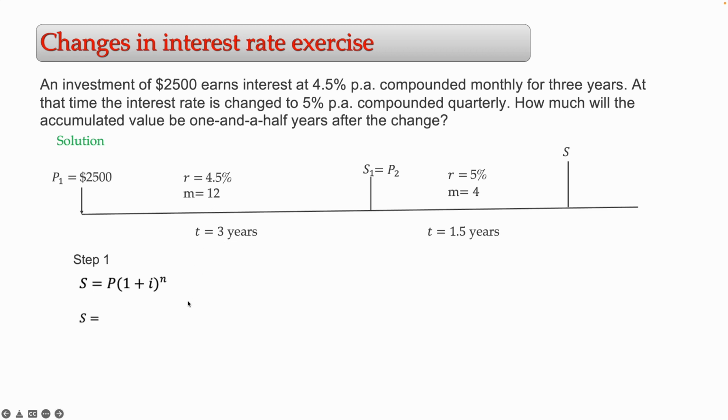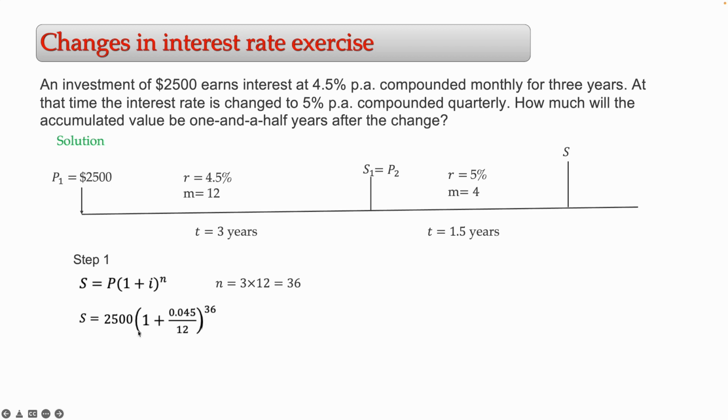So we have that S will be 2,500 multiplied by, open bracket, 1 plus 0.045 divided by 12. And to get n, it will be 3 years and 12 periods per year, so 3 times 12 equals 36. So I'm going to type here 36.